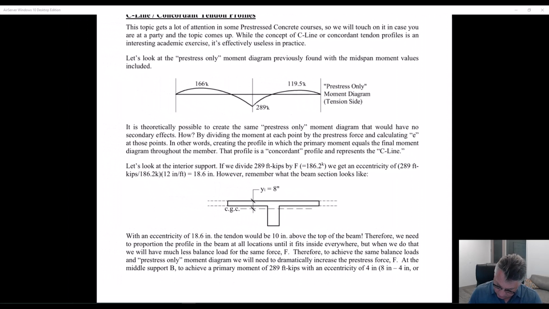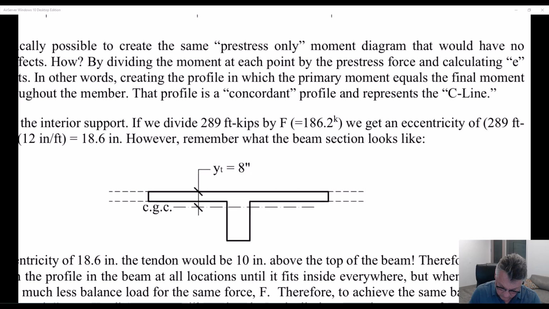If I take this moment and I divide it by that 4-inch eccentricity, by the way, which isn't the 4 inches from the top, it's the eccentricity between the CGC and the tendon.